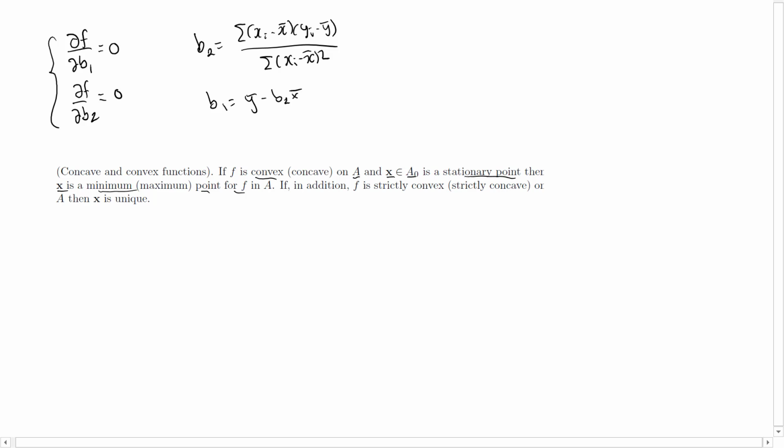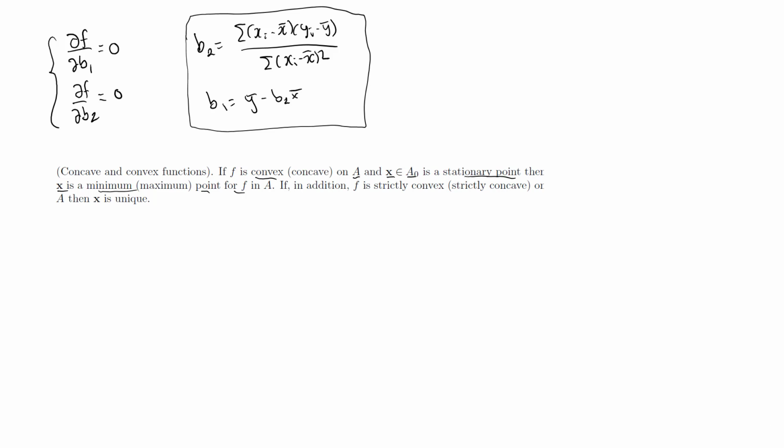In our case, the domain is all of the Cartesian coordinate system R2. So our stationary point here is indeed an interior point. So if we can show that f is convex, then this will be a minimum point of the function f.